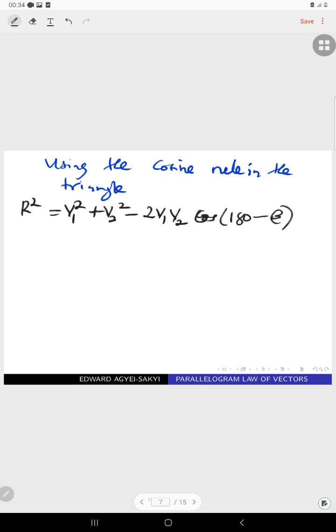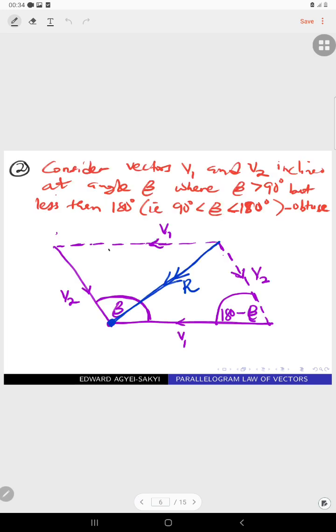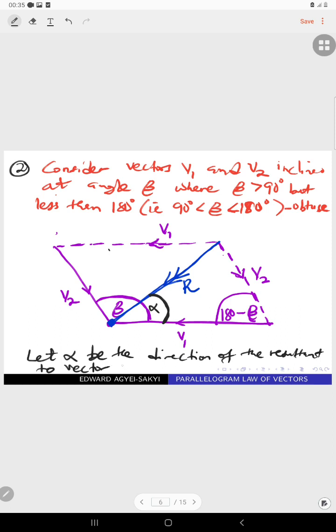Then how do you get the direction? The direction, of course, should be this. Let's call it alpha. So let alpha be the direction of the resultant to vector V1.